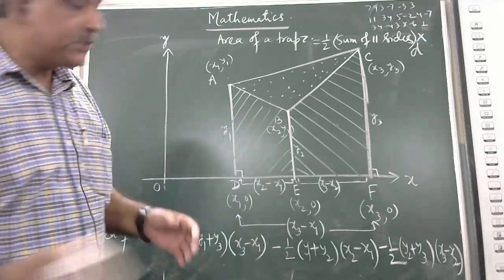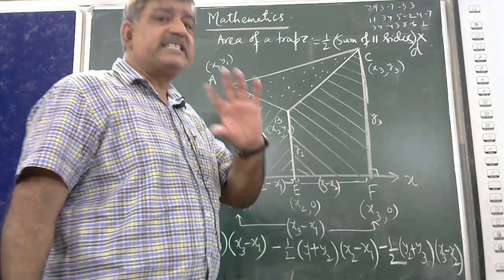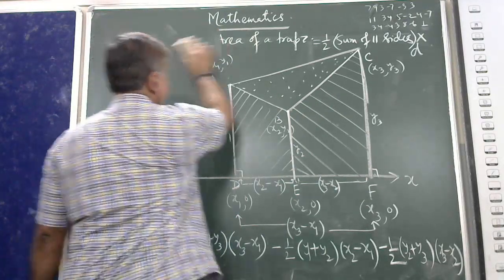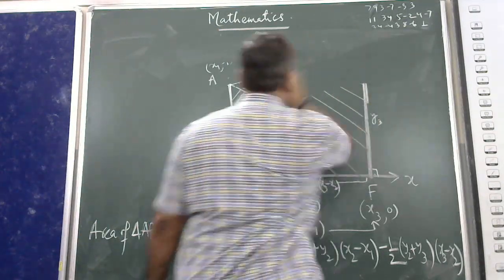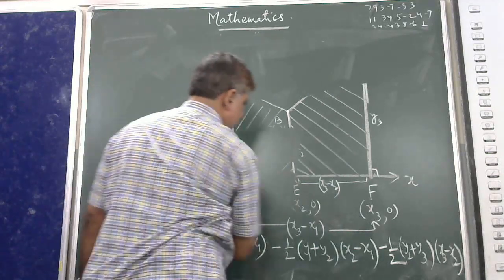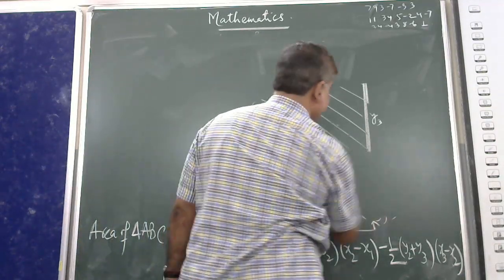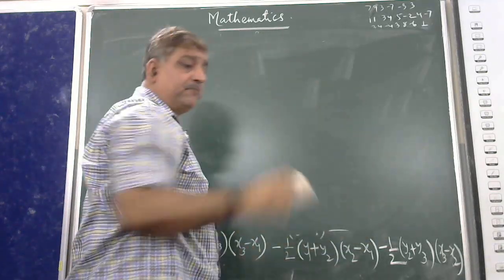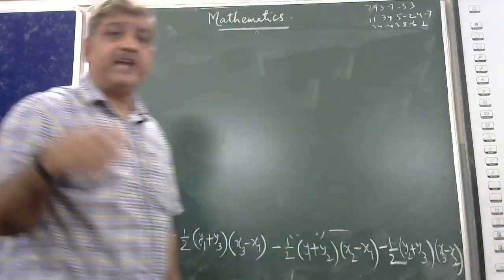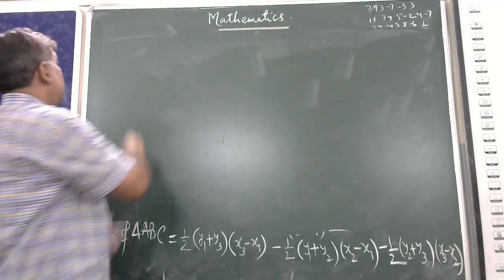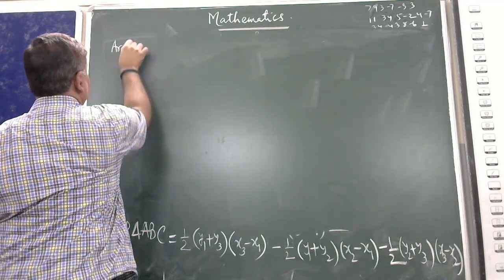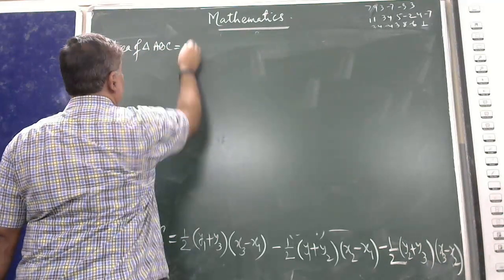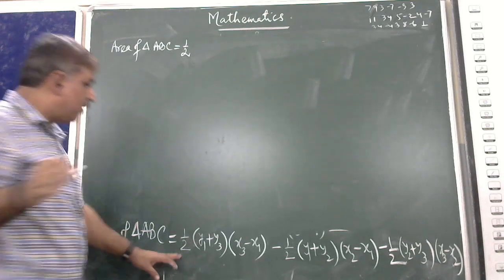Now we will try to represent this area in a systematic manner. How? You can write this whole calculation in a simplified manner so that you can apply it very easily. Area of triangle ABC is equal to half. You can take half common.